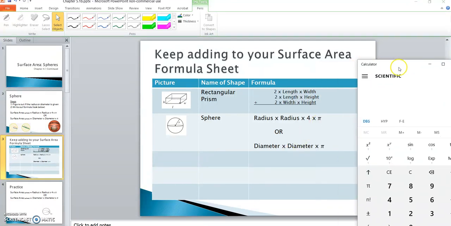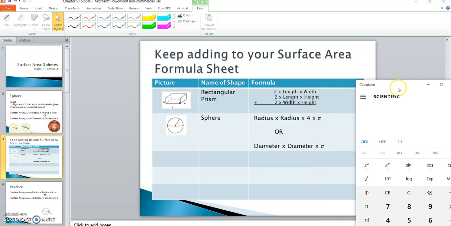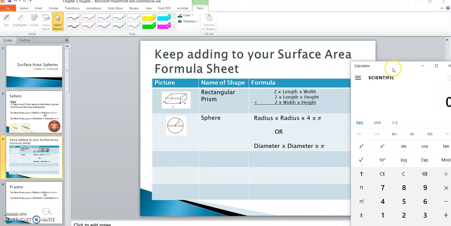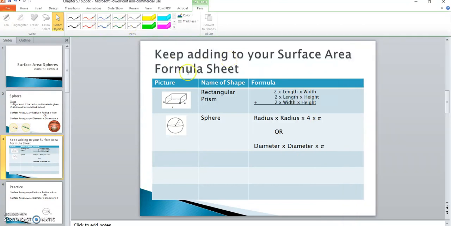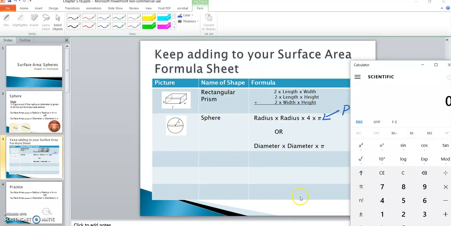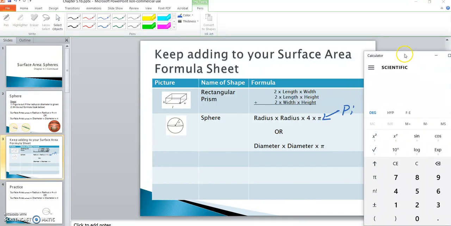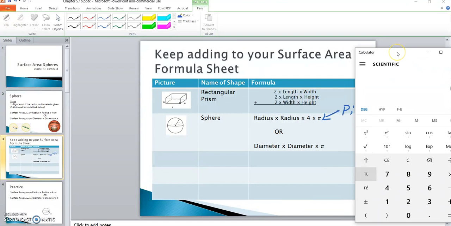Now that you've done that, I want to draw your attention to something here. It's this little symbol right here. This little symbol is called pi. And that is actually a little button on your calculator. It's a number, but we make it a button to make it a lot easier for you.